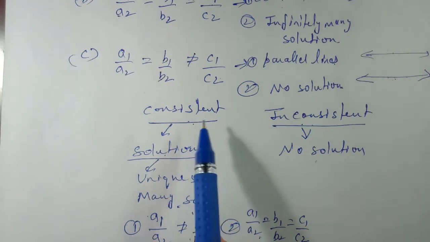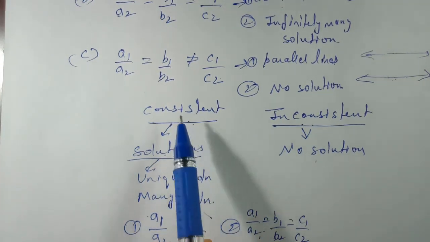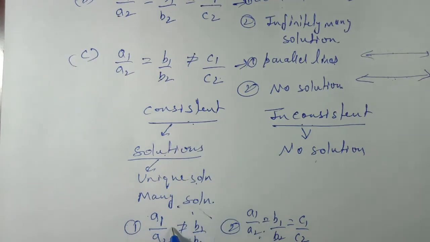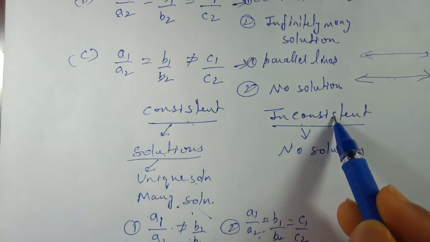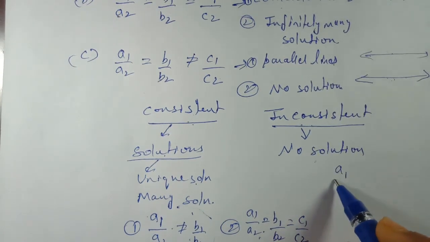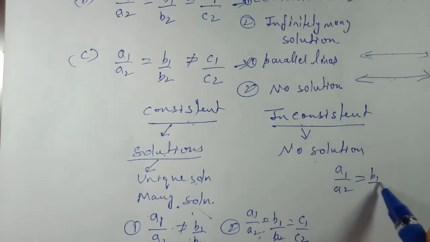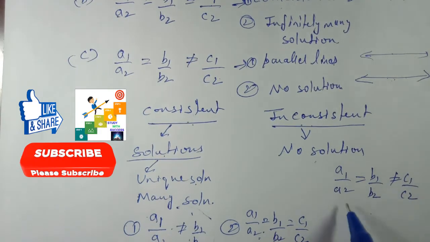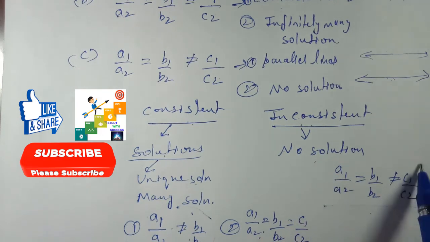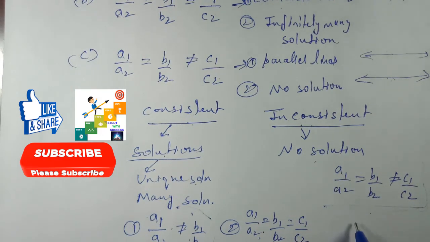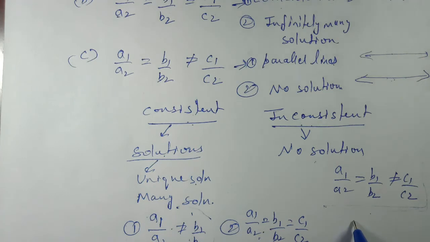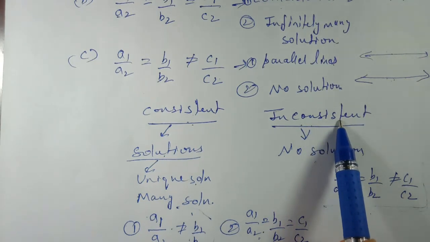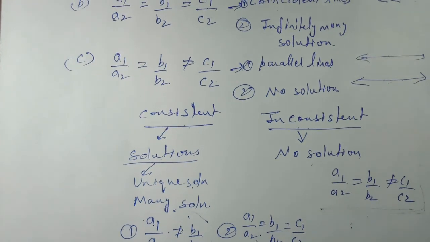So through the conditions we can find the consistency of the equations. Consistency means any solution. For inconsistent, if the condition is a1 upon a2 equal to b1 upon b2 but not equal to c1 upon c2, that means it has no solution, and that pair of equations is inconsistent. So thank you, student.